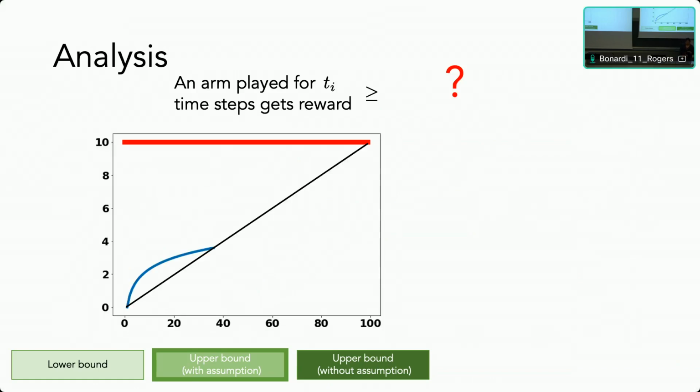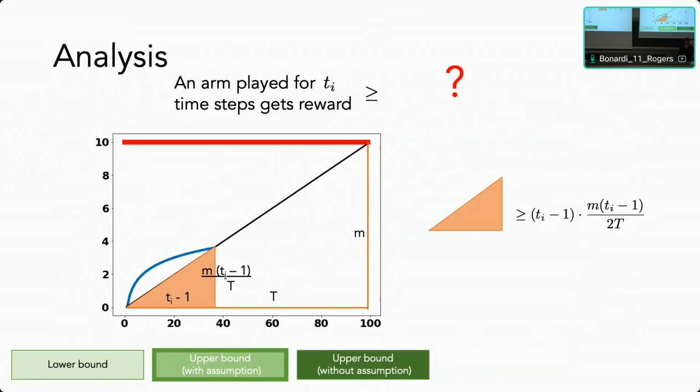We know that if we played an arm for T_i time steps, then at time T_i minus 1, the projection forward was still at least reaching m when you project forward to time capital T. And so we can just use a similar triangles computation to get the height of this triangle and use that to compute the area under it, the accrued reward. We can write this as a function of the optimal reward because the optimal reward is a function of this parameter m.